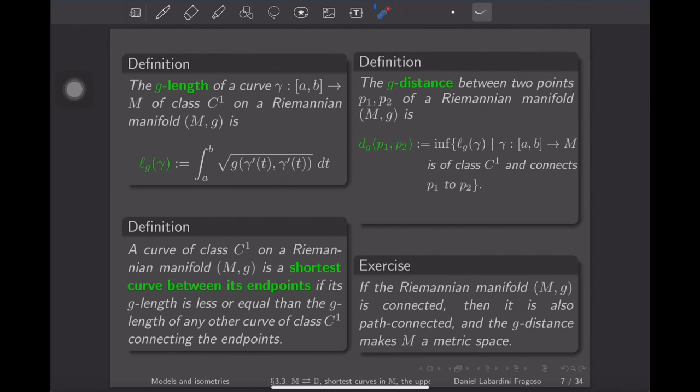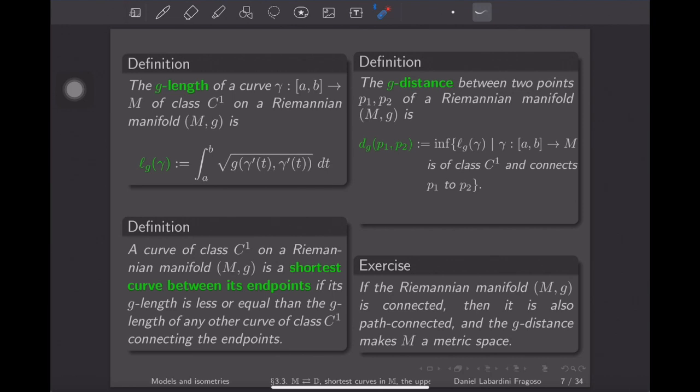Let's say I have my Riemannian manifold. Just think of the hyperboloid, for simplicity, with Minkowski's form. At each tangent vector, I have an inner product, Minkowski's inner product, and so I can measure the length of a tangent vector at any point of the hyperboloid.